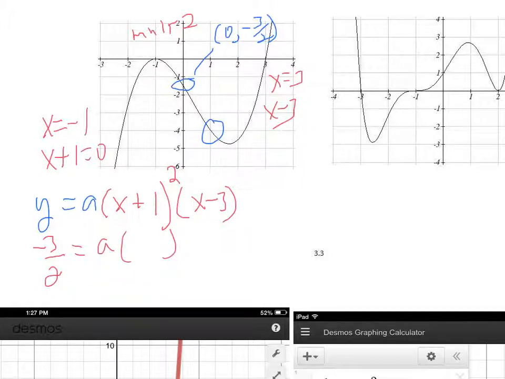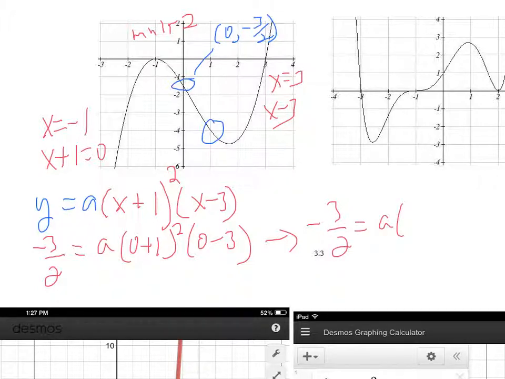0 plus 1 squared times 0 minus 3. If we had used this point, I would be sticking a 1 in for x, and y would be -4, which isn't impossible, but it makes it just a little bit harder. So this is going to give me what? -3/2 equals a times, let's see, 1 squared is 1, and times -3.